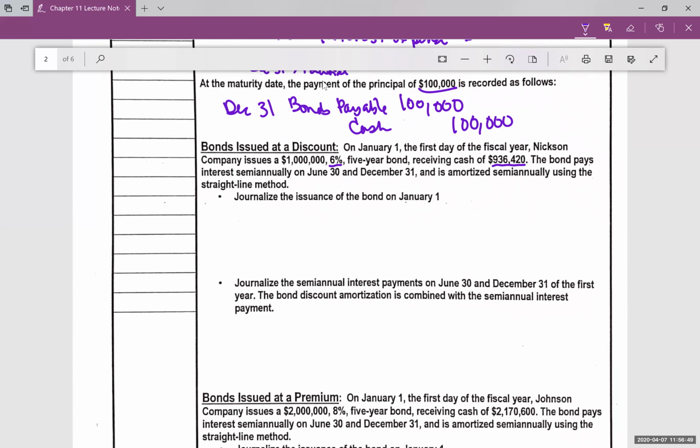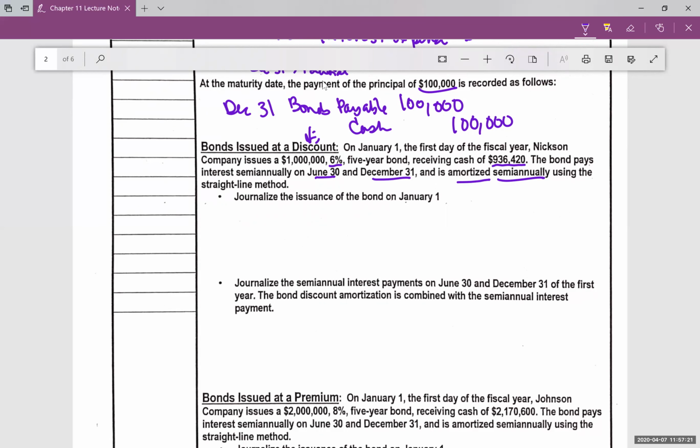So on January 1st, the first day of the fiscal year, Nixon Company issues a $1 million 6% 5-year bond, receiving cash of 936,420. So since it's less than that, it's a discount. The bond pays interest twice a year on June 30th and December 31st. And in this problem we need to amortize using the straight line method.